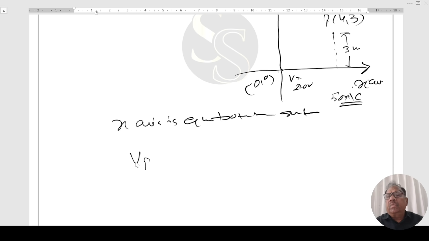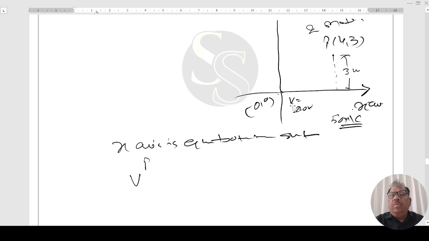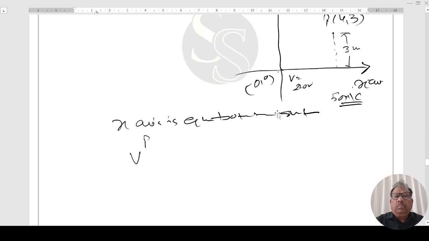Right? Then we have to find VP, the potential at this point. This equipotential point is Q, with potential minus V naught. VP minus VQ equals E into d.